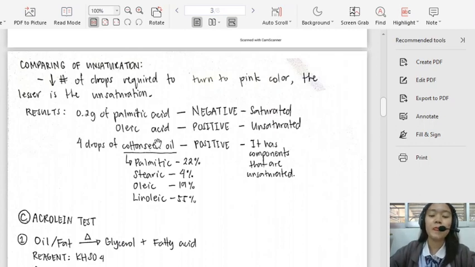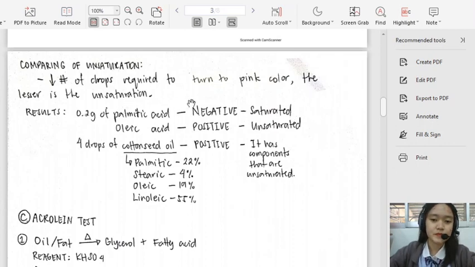Okay, kasi nga, wala namang kukuha doon sa iodine molecules because your palmitic acid does not contain double bonds. Okay? Wala siyang double bonds kasi saturated fatty acid siya. So, unang drop pa lang dapat sa palmitic acid, color pink na siya.